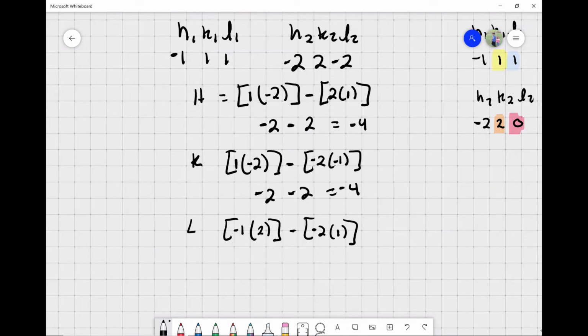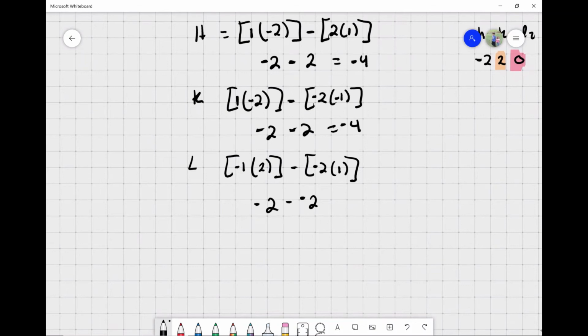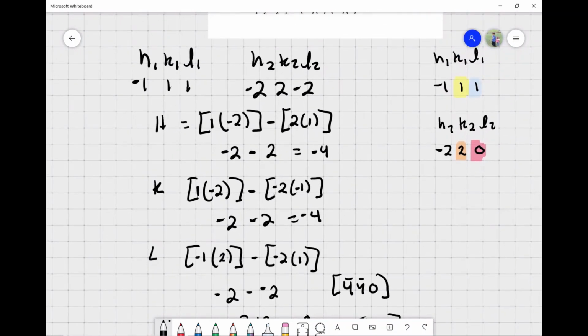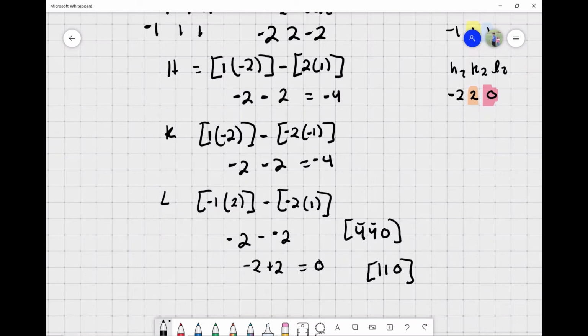And so this ends up being negative 2 minus 2, which is plus 2, really. And that equals 0. So now we have 4, 4, 0 as our zone axis, but then we can again write this to be 1, 1, 0. Okay, so that's pretty much what we got here before on the previous slide.